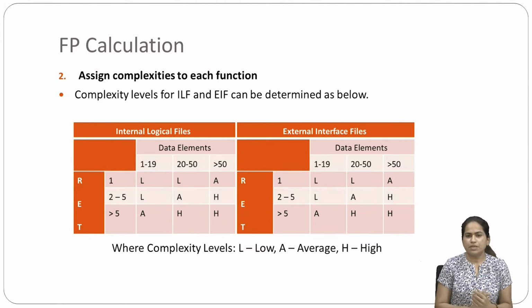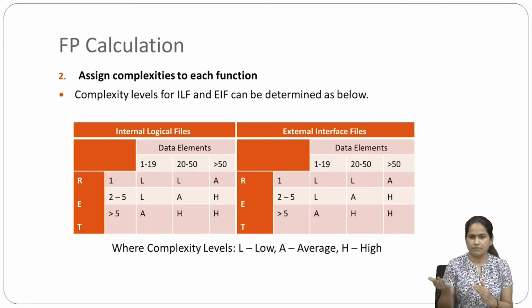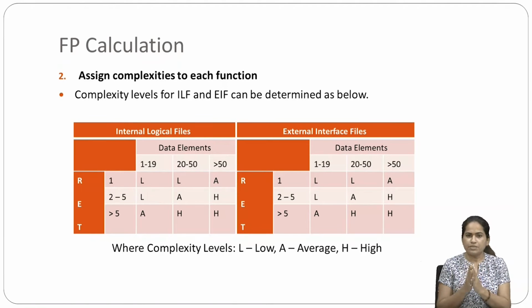Here one example is given to you of how the complexities will be there for each function. Here we can see one table for the internal logical file, that is ILF, and one table for external interface files, showing that if you have a RET value and data elements in it, then how much complexity level you will have.